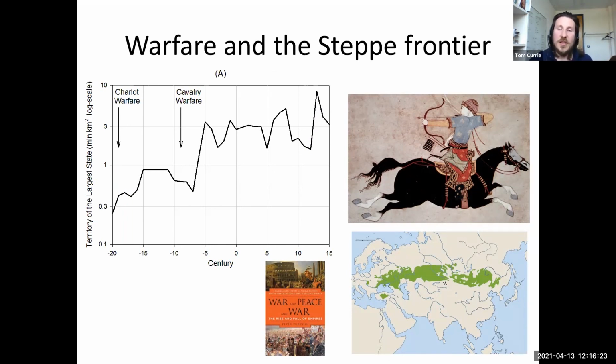Historically, he's argued that one of the biggest causes of conflict in the historical record was the invention of horse-based forms of warfare technology, chariots and cavalry. What we saw was a ramping up of the intensity of warfare, and he argued this is what has driven the evolution of large-scale societies.